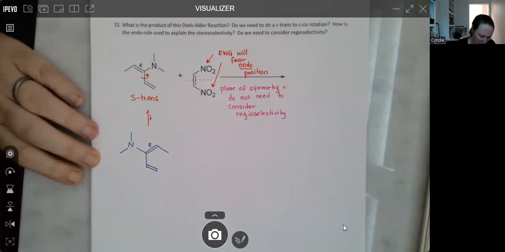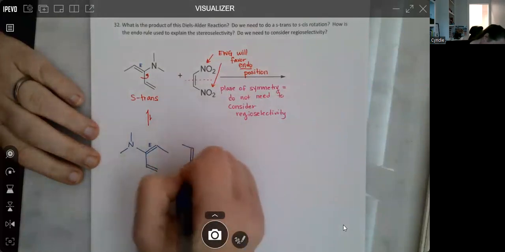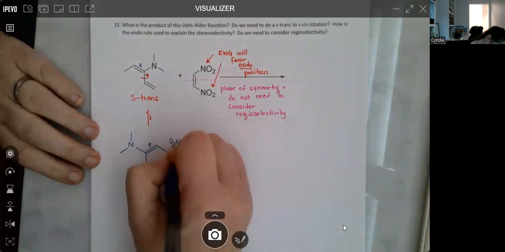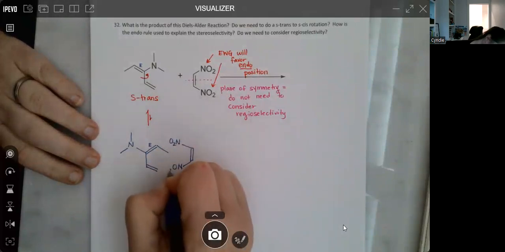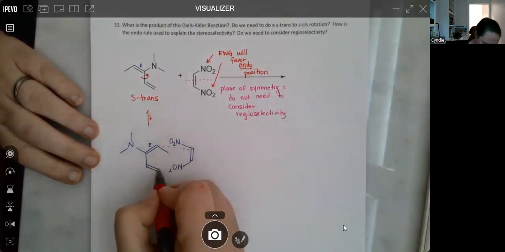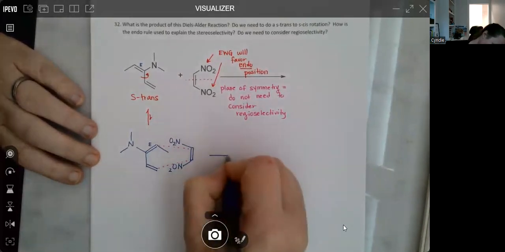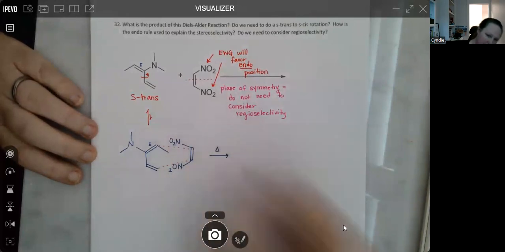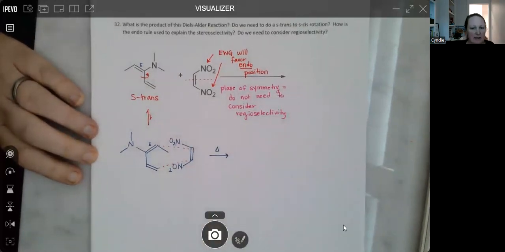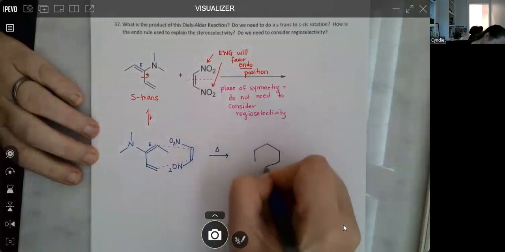So we want to imagine that actually approaching with the nitro groups pointed in. And then we can think about forming the product of the reaction. So with some gentle heating, low temperature ideally, sometimes gentle heating is okay, we will form the product.